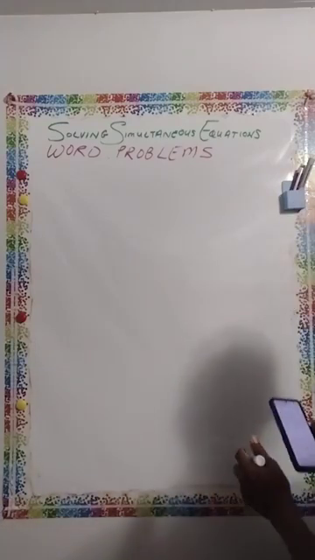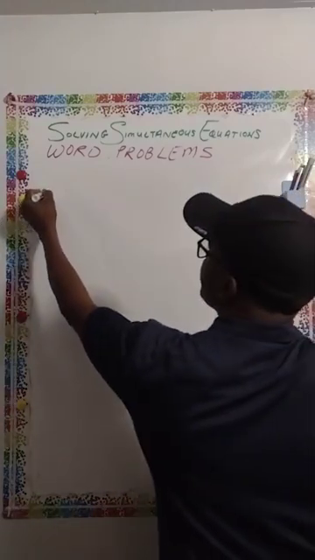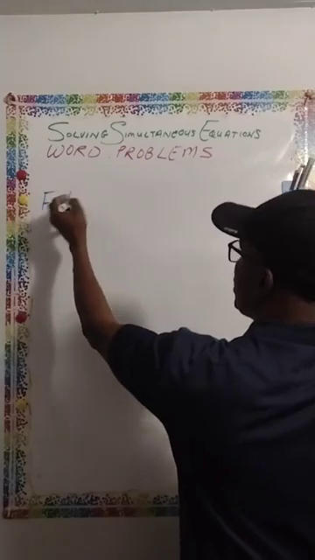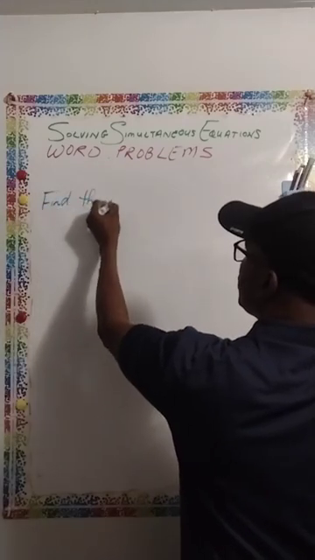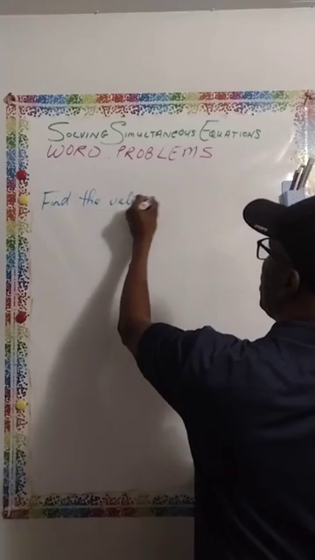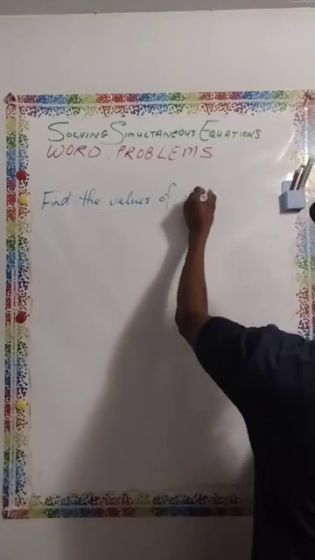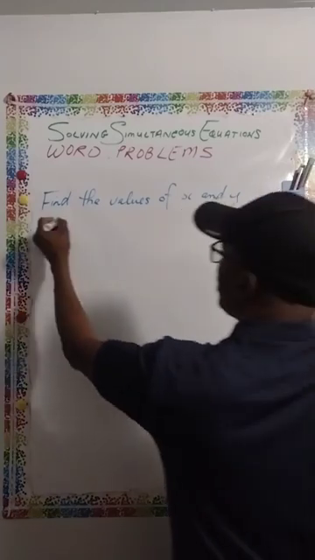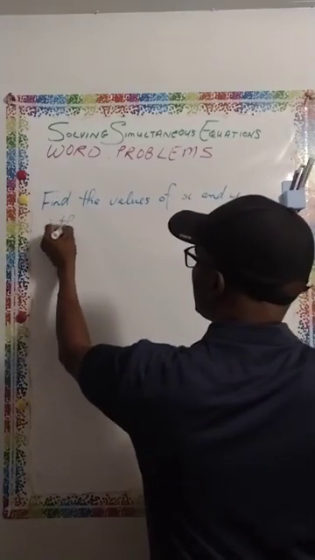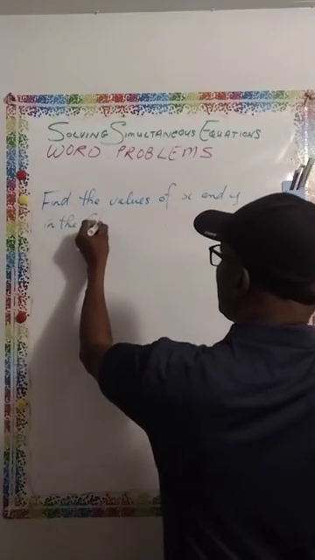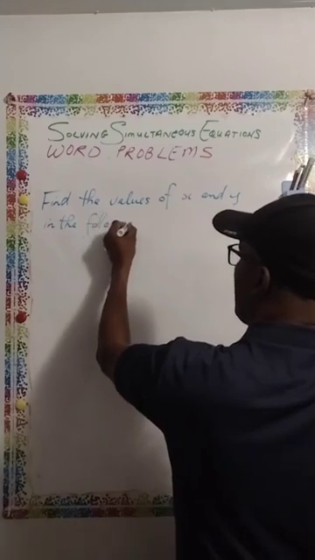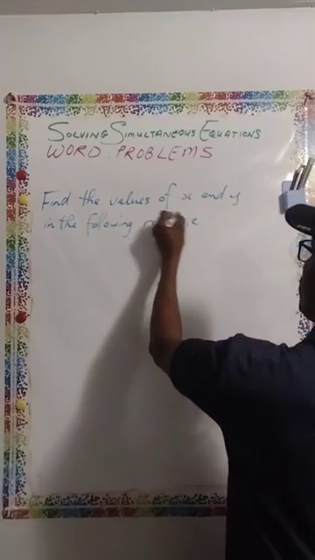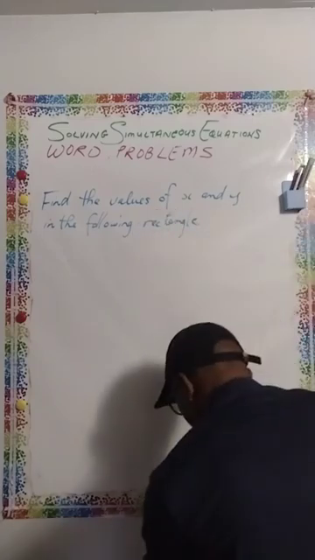Now look at this one here. It says find the values of x and y in the following rectangle. Good. I'm going to draw the rectangle.